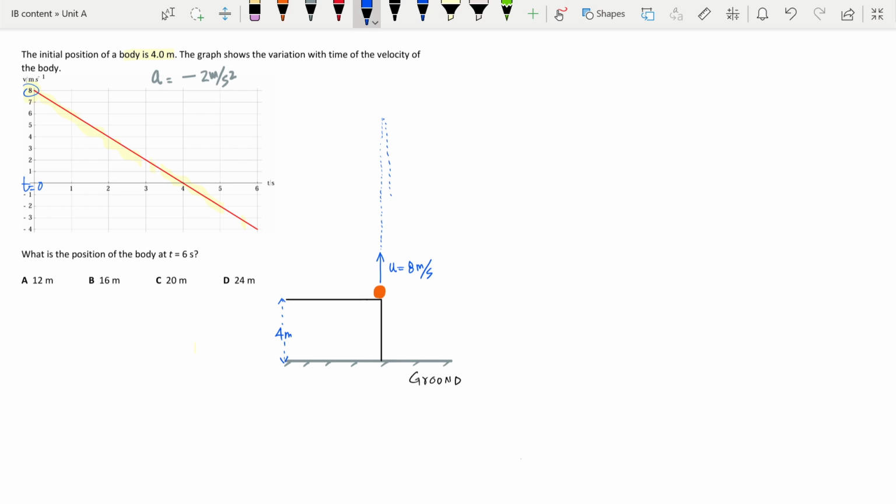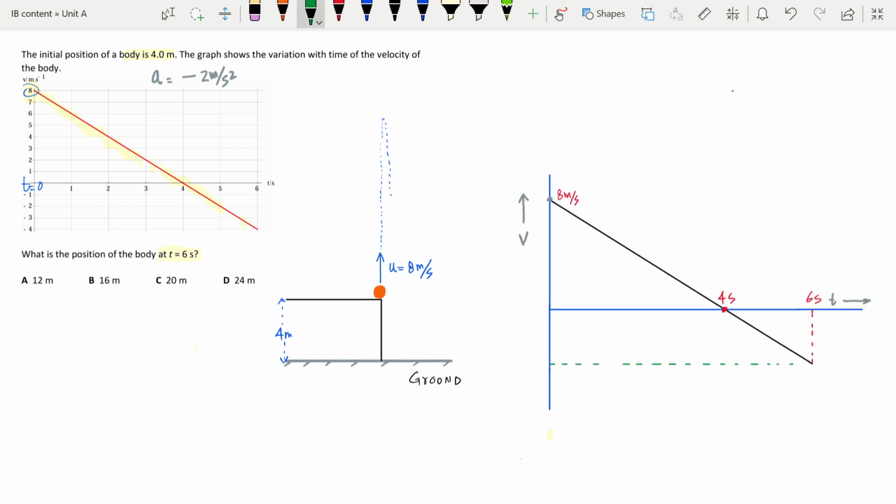So we have to find out the position at 6 seconds. I have separately drawn this graph, and at 6 seconds you can see that its velocity is negative 4 meter per second. That clearly shows us that this object is moving vertically downward, or it is moving leftward if this motion is on the x-axis.